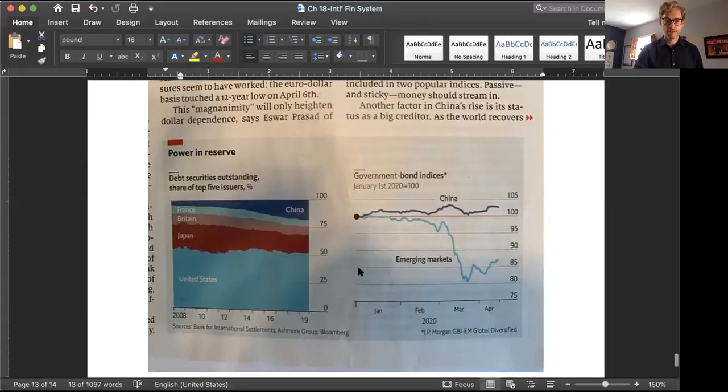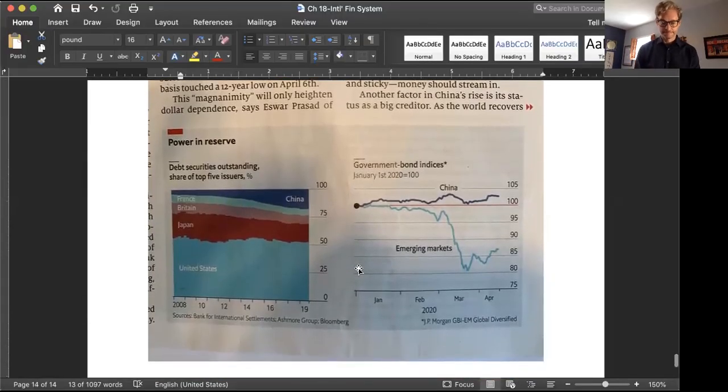I just wanted to show you this. This is out of The Economist magazine, just the last week or so. But this is looking at debt securities outstanding, the top 5 issuers of debt. And a lot of this debt is held abroad, right? So there's a couple of things to notice here.